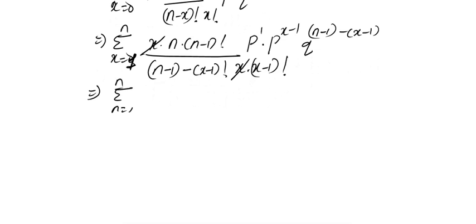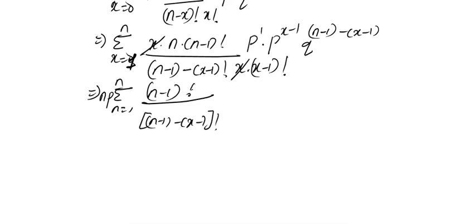So now I am taking out the term which is not having factorial and which doesn't depend on summation. So I can take n and p, which is constant. So we are left with (n minus 1) factorial divided by (n minus 1 minus (x minus 1)) factorial into (x minus 1) factorial into p to the power x minus 1 q to the power (n minus 1) minus (x minus 1).